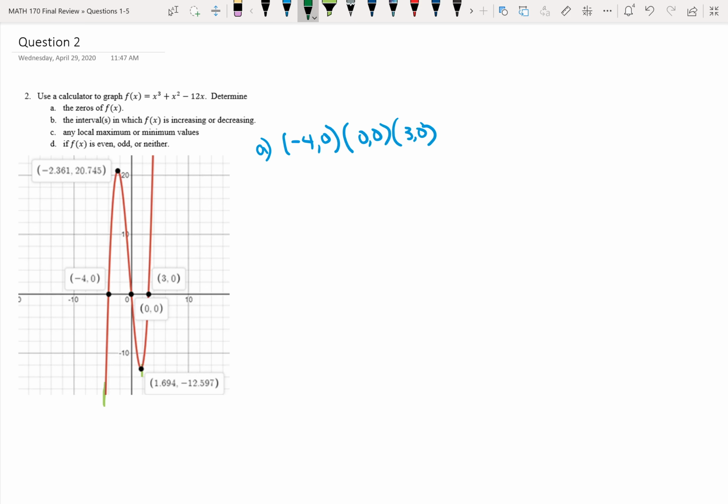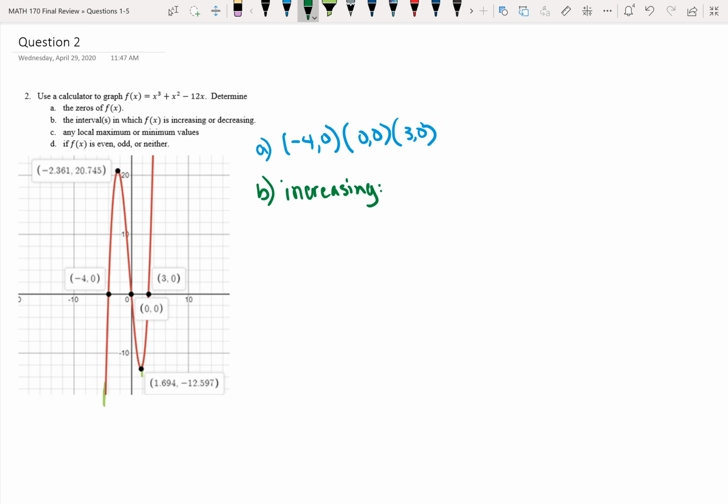To find the increasing intervals and the decreasing intervals, we're looking for the places where the graph is going up for increasing. So for our increasing intervals, we have to think about what the graph is doing as x comes in from the left.